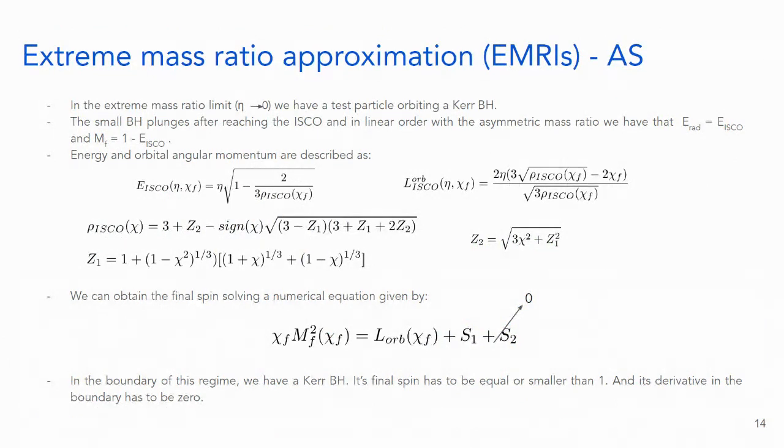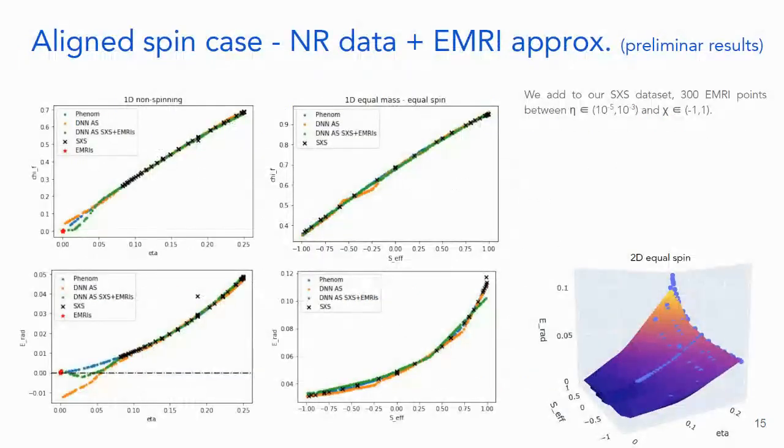The energy and orbital momentum are given by these formulas, and we can numerically solve this equation in order to get the final spin. So we have the solutions for these extreme mass ratios. Just take into account that the final black hole has to be a Kerr black hole, and that the derivative, in that regime, has to be decreasing monotonically.